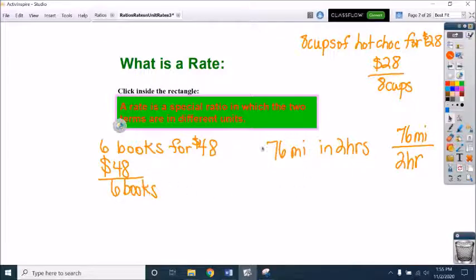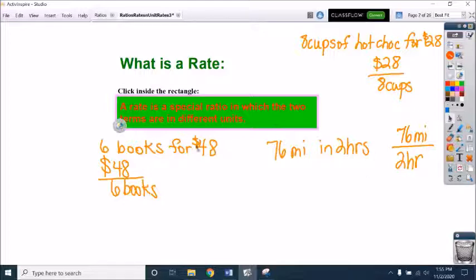Here we have 76 miles in 2 hours. Again, 76 miles has a unit attached to it, and 2 hours has a unit attached to it. Rates start comparing different types of things. In the previous examples that I just called ratios, it was shapes compared to shapes.